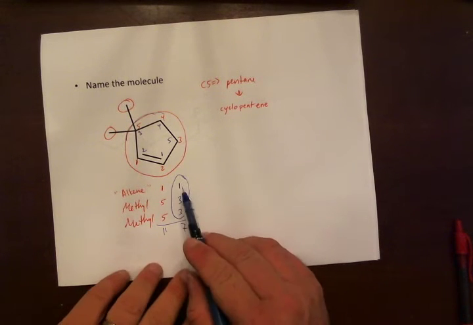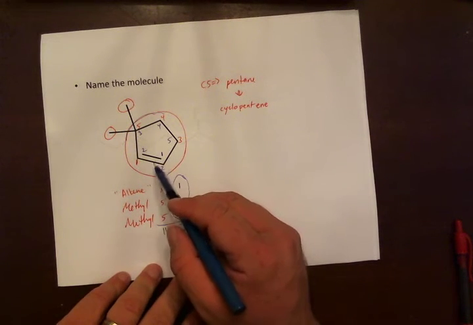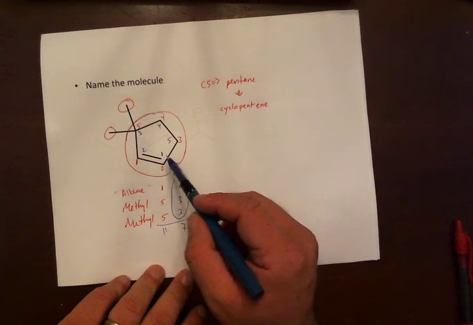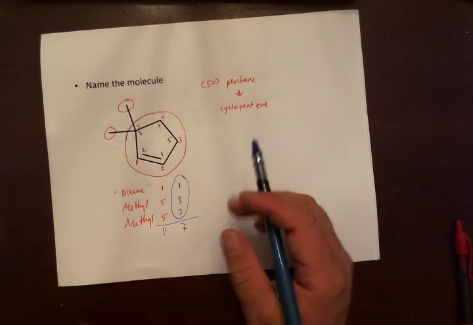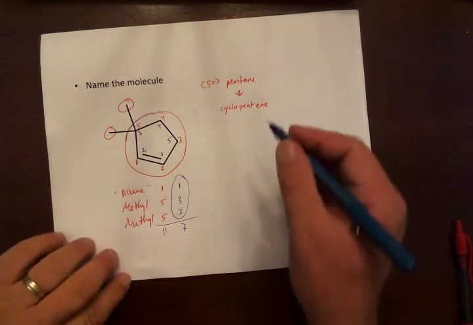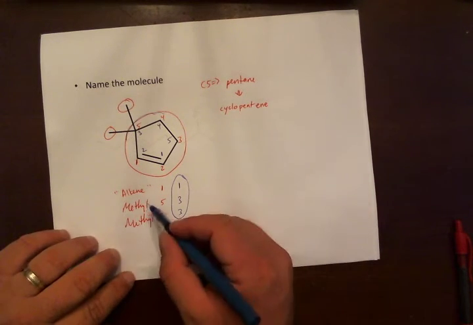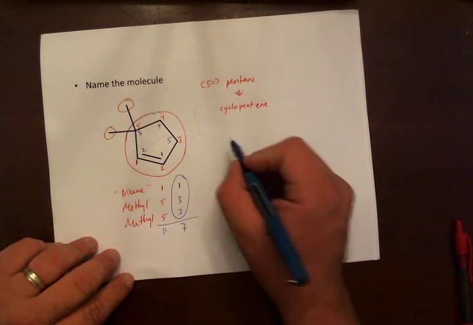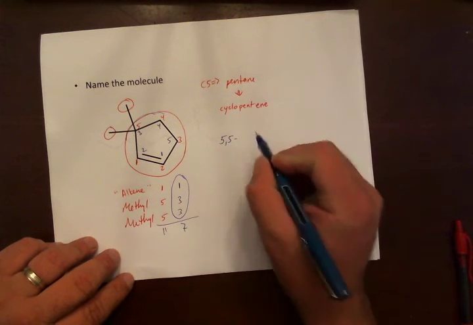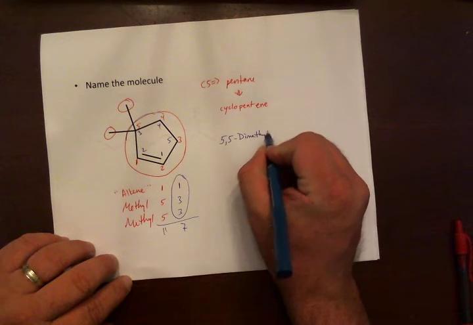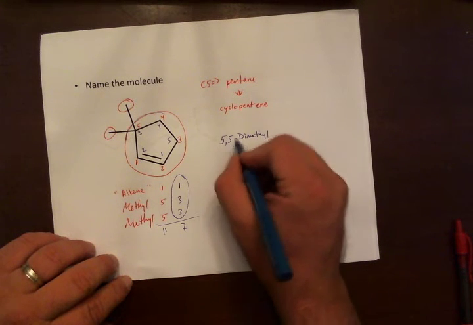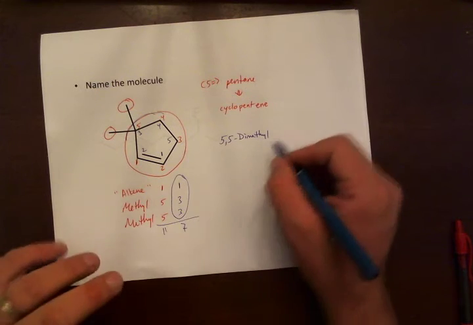Now, because there's just the one double bond in there, you don't have to put the 1. I think it's a good idea, especially when you're just starting to get into that habit, but you technically don't have to. We're going to combine those methyl groups. We have to do the 5, 5 to tell me where both of those are. If it's a di, I need 2 numbers, even if it's the same number.